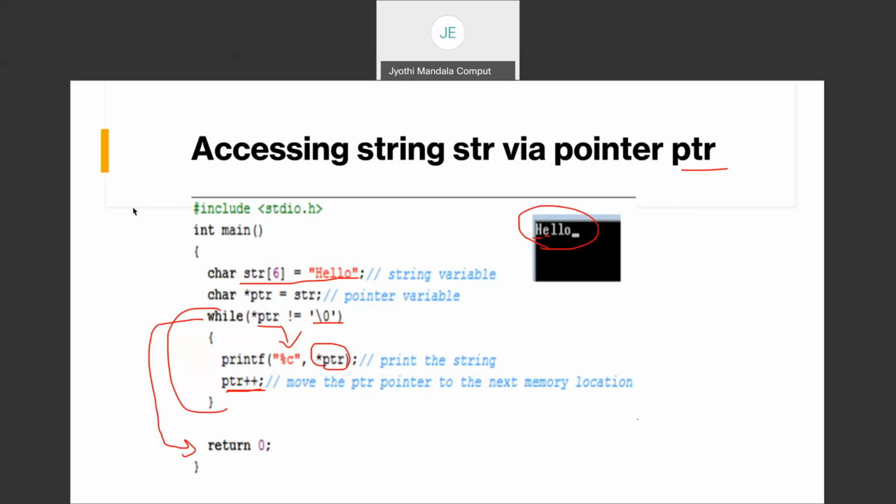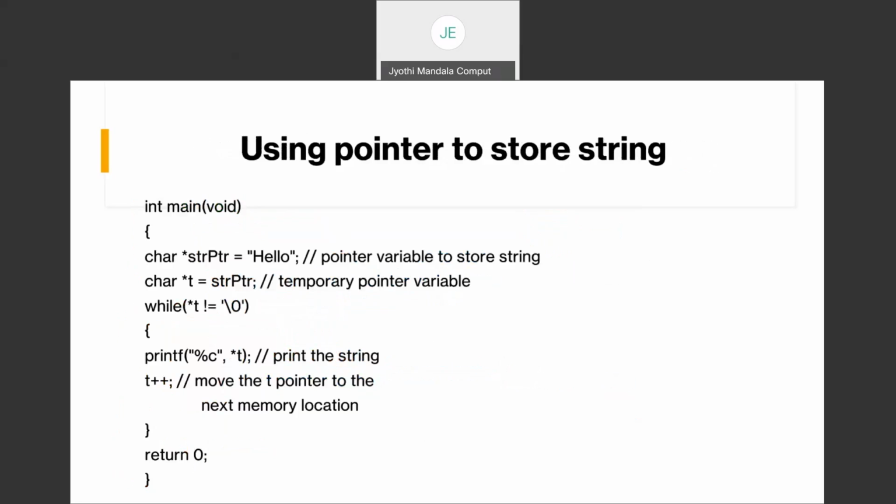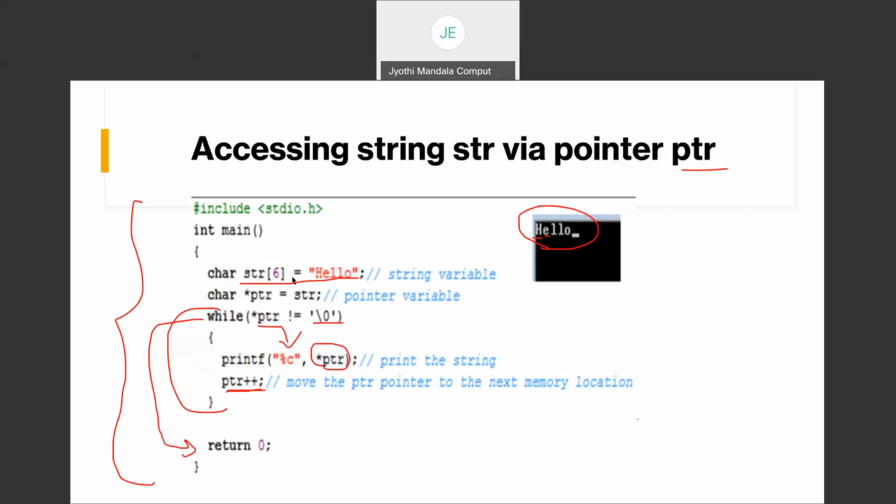Here, nothing is different. Everything is the same as your normal one-dimensional array, how you have used it. This is the program where you want to store the value like the earlier program, which we have converted in a little bit different way. In the earlier program, we used a normal string, and its address is stored in ptr.